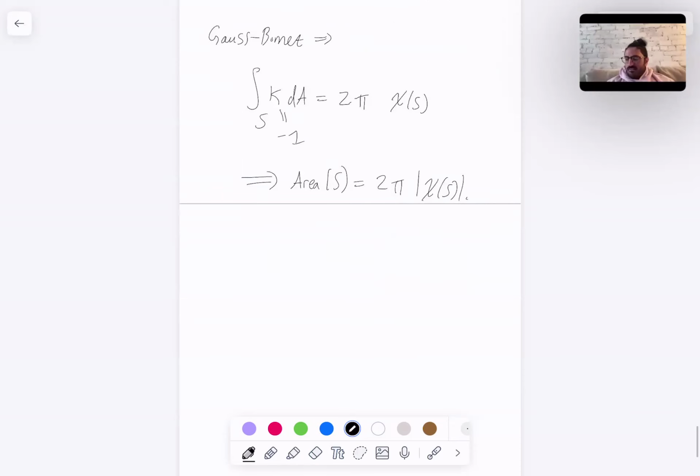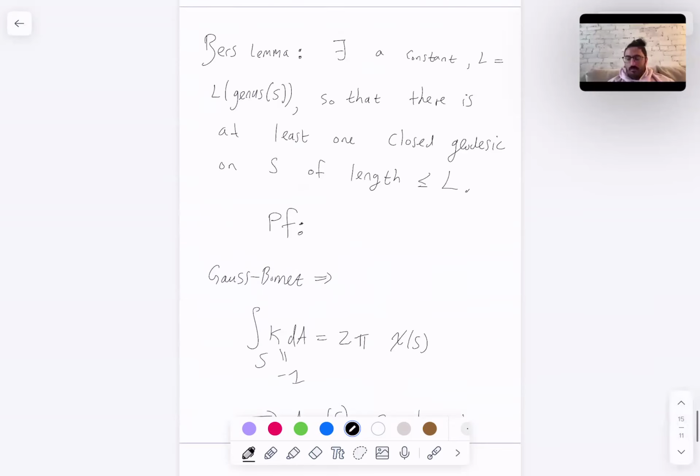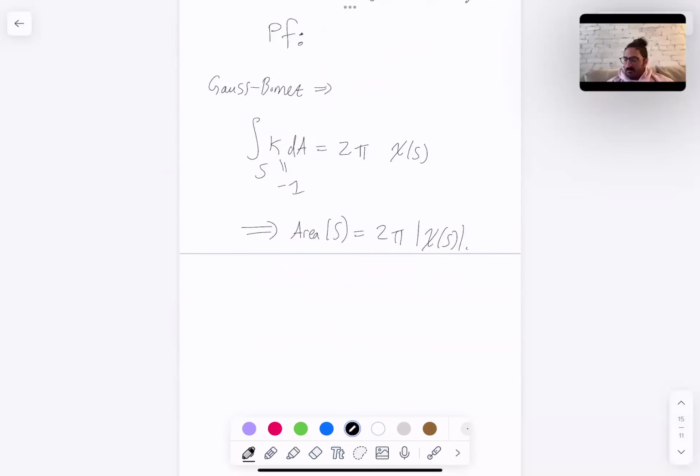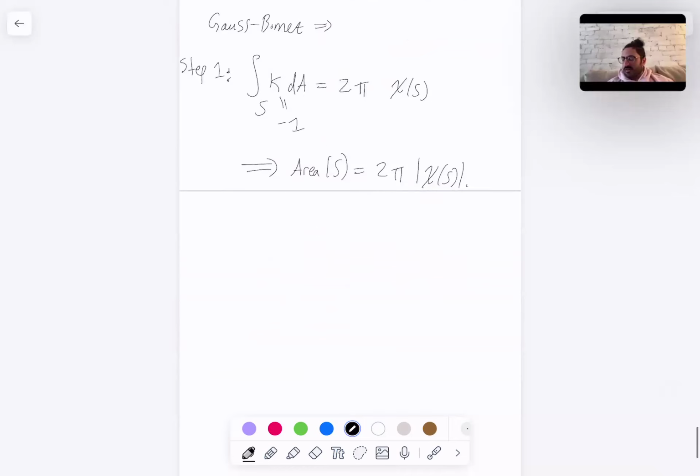So why is this relevant to proving the Bers lemma? Because what you can do now is the following. Step one is just observing that Gauss-Bonnet implies that the area of our surface is some constant that depends only on the topology.